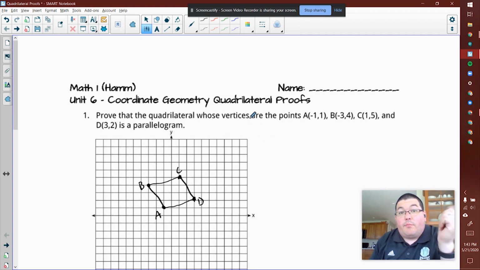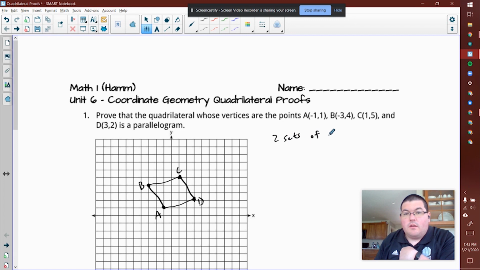But what's going to be really important for us in order to determine whether or not this is a parallelogram? Well, we need two sets of parallel sides. We also need two sets of congruent sides.